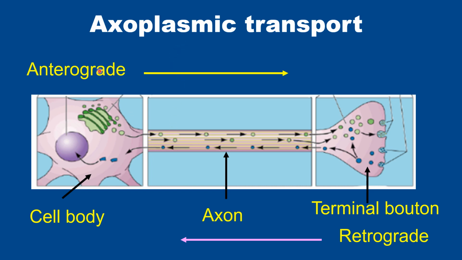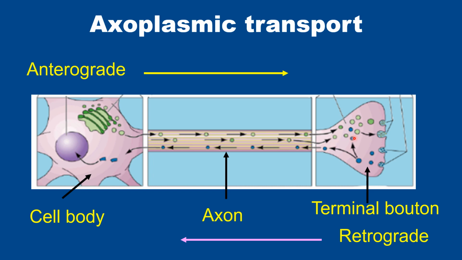There are anterograde transport and retrograde transport. There are fast and slow transport mechanisms. The fast transport is about 1 meter per day, whereas the slow transport is 5 to 10 millimeters per day. This transport occurs with the help of microtubules and a protein, dynein.